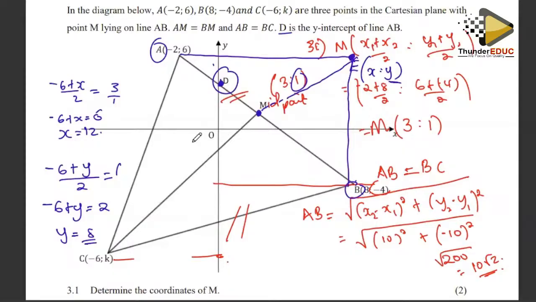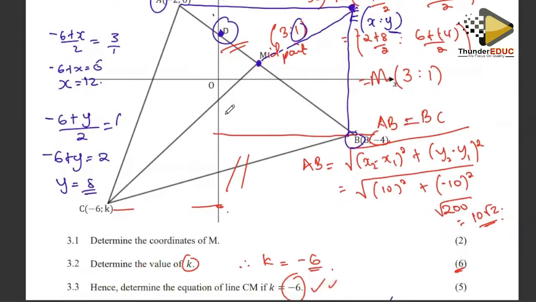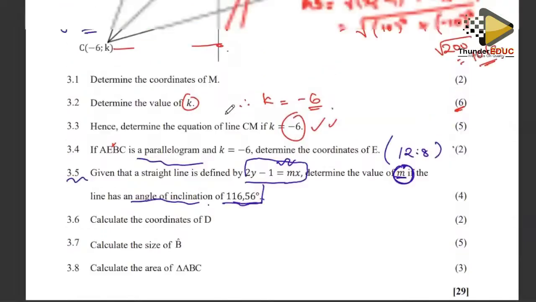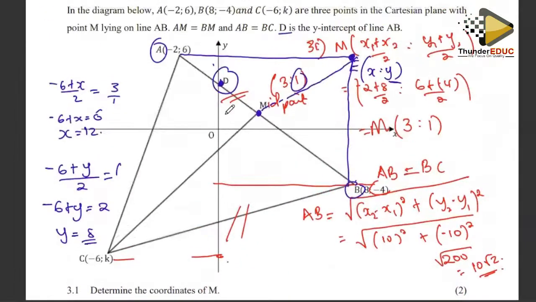But this is a y-intercept, meaning that the x is going to be a 0. Is there anything special they mention about D? There's nothing. It's just y-intercept of AB. So 2 marks is still an understatement, unless there's something that I'm missing for 2 marks.